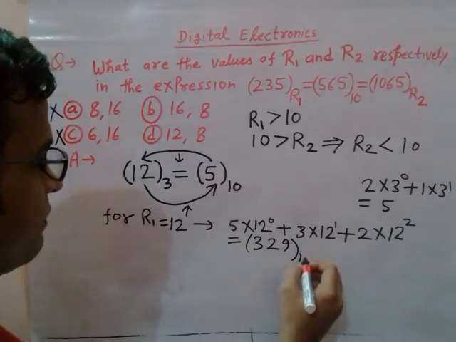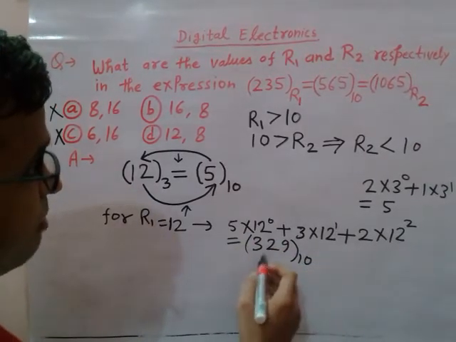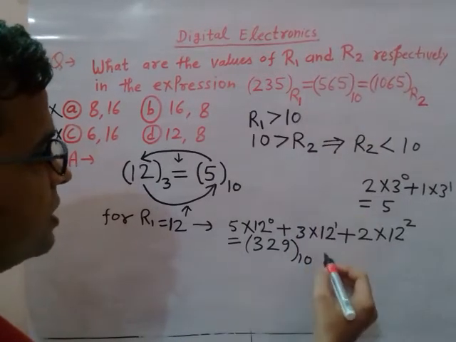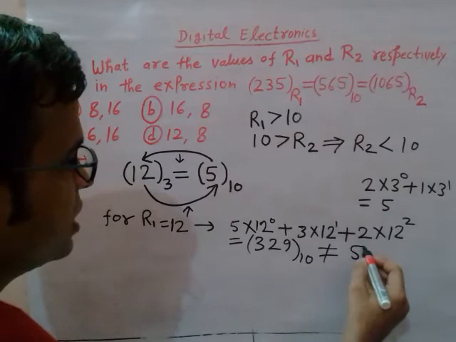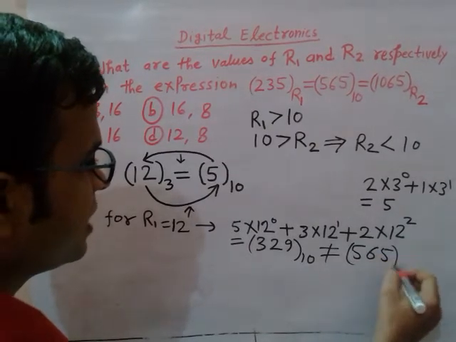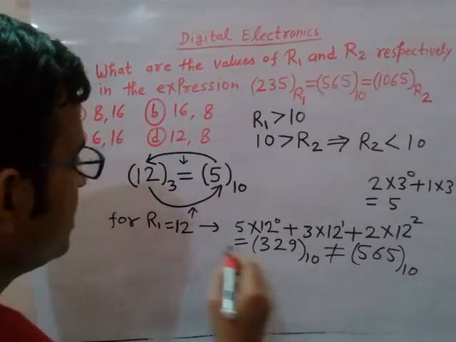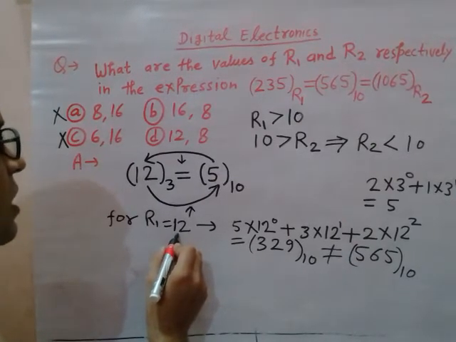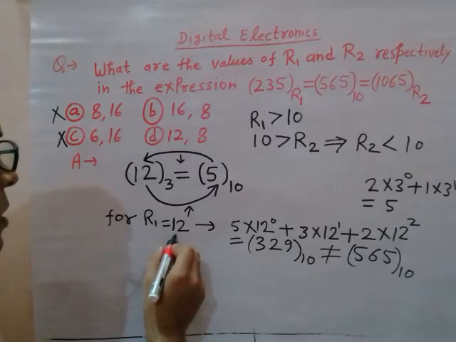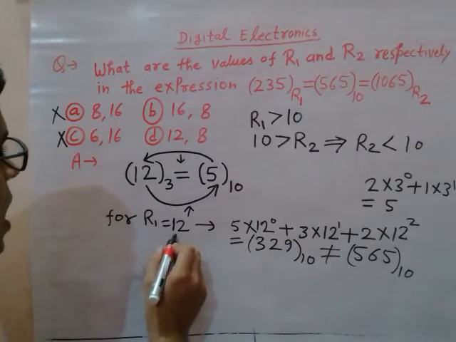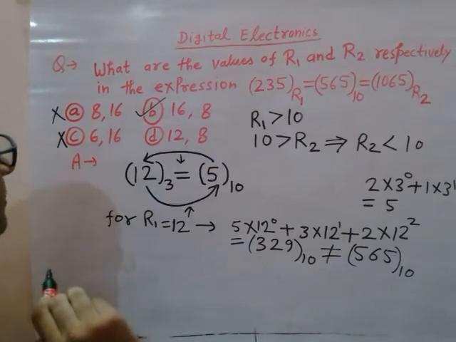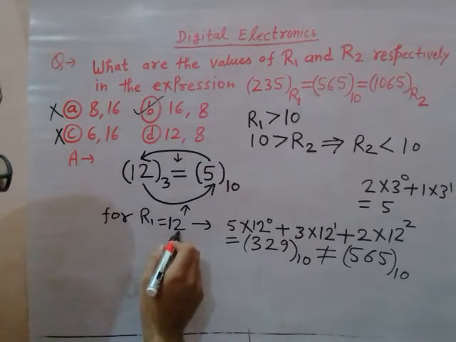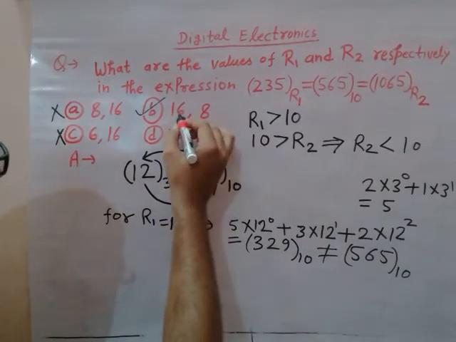But here the value is 565, so this is not equal to decimal value 565. So that means R1 is not 12, and definitely option B is correct. The only possible option is B.